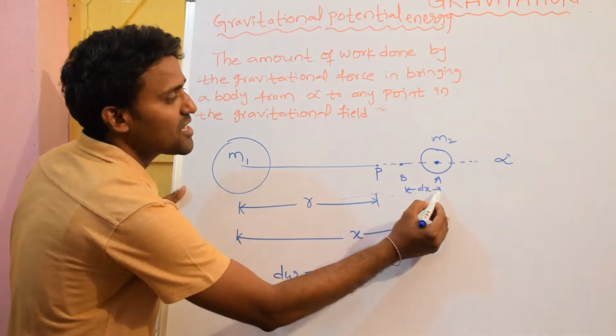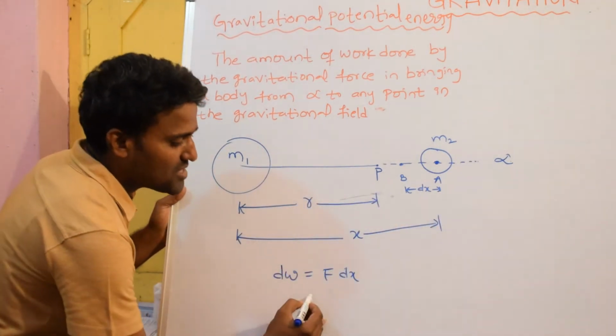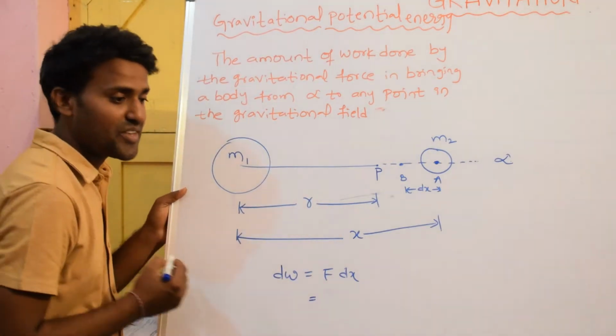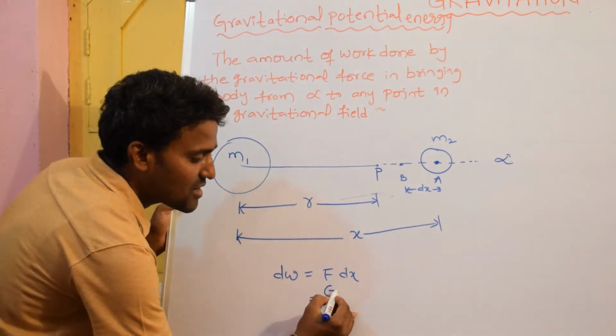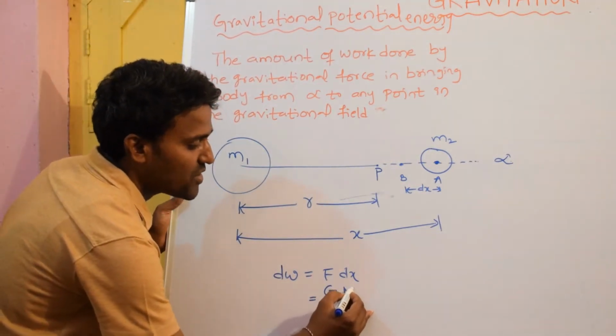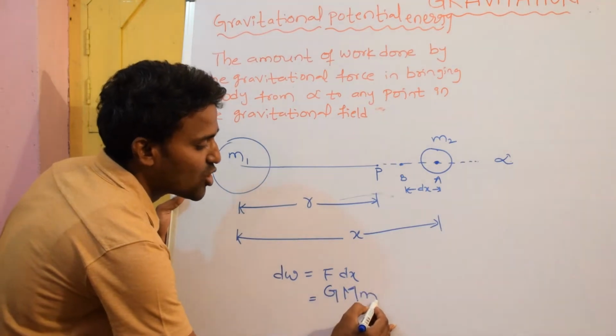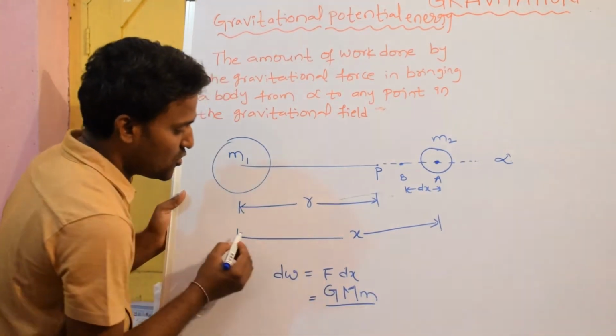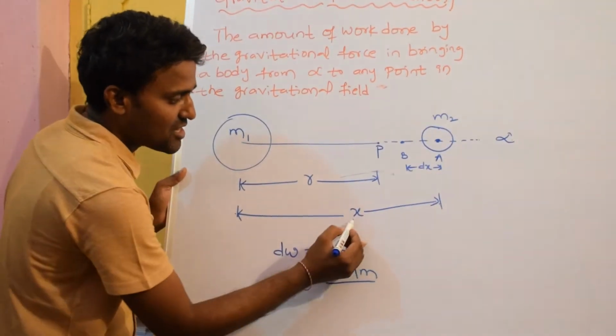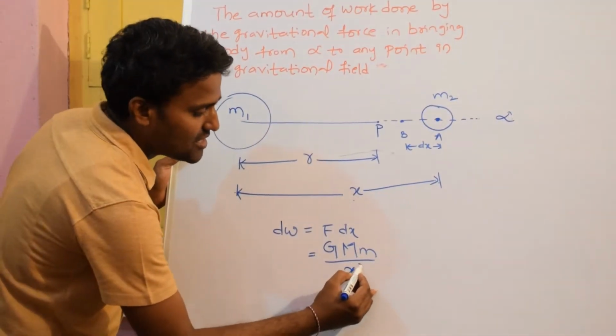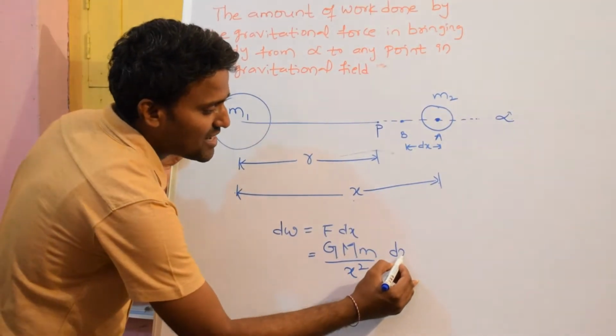Here the displacement is dx. What is the force? Gravitational force. Gravitational force is capital G, mass of the first object, mass of the second object, divided by x squared, and the displacement is dx.